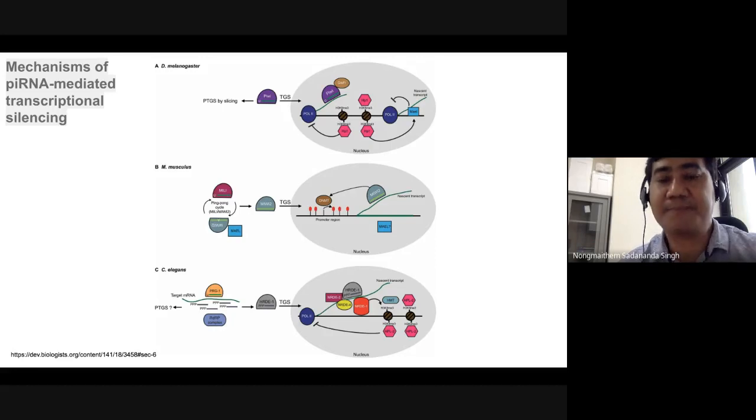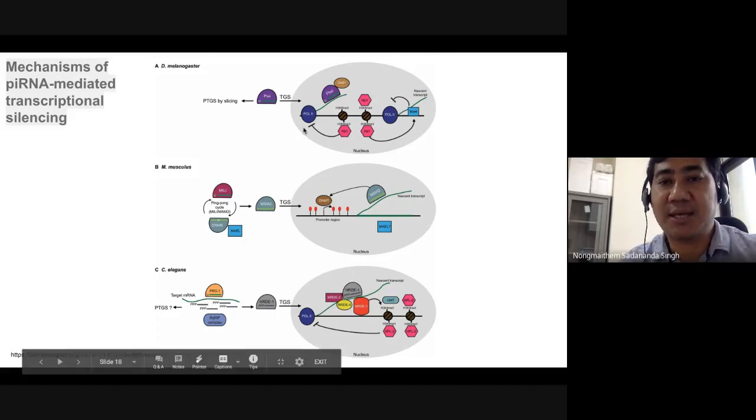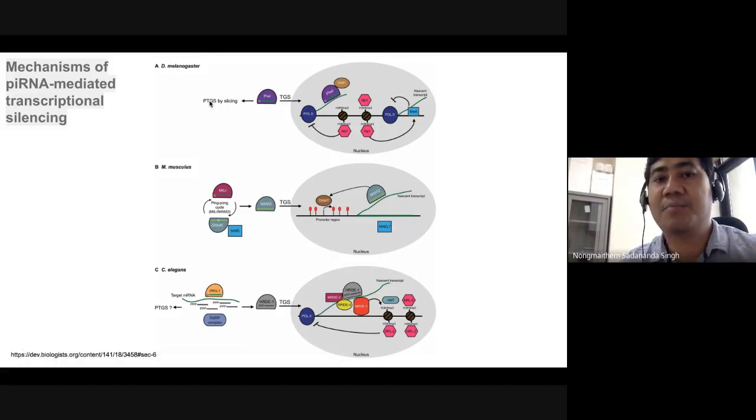It works in two ways. In the case of Drosophila melanogaster, what has been seen is that it can act at the level of transcriptional gene silencing or post-transcriptional gene silencing. For post-transcriptional gene silencing, it's pretty much like microRNA-mediated gene silencing.